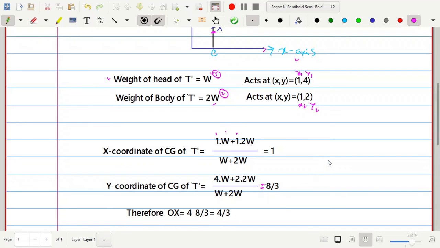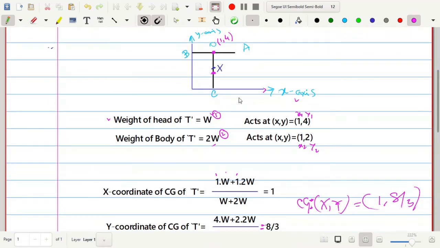So the coordinates of X, which is the CG, are exactly 1, 8 by 3. The Y coordinate is 8 by 3.